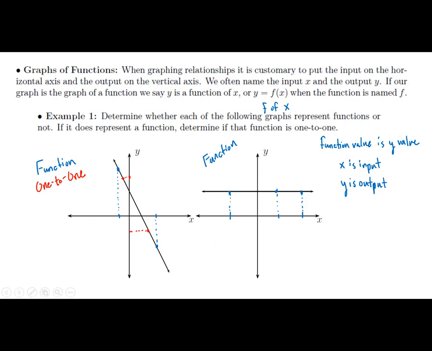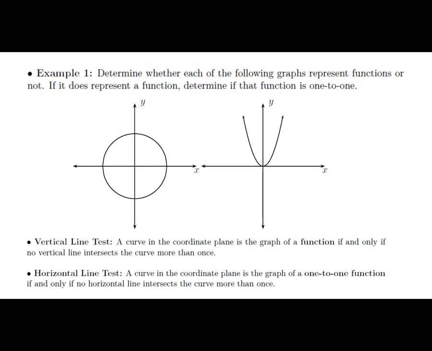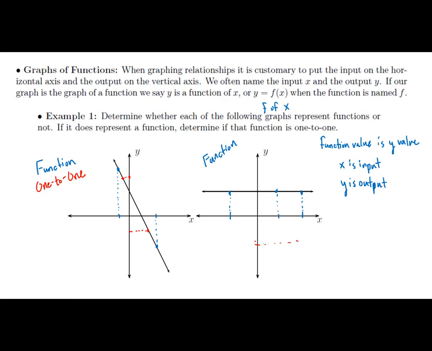Now the one-to-one part is a different story. So remember, with one-to-one, what we say is, does any y value that shows up on the graph have only one x value associated with it? Okay, now lots of y values have no x values at all, right? If I draw a little mark right here, no matter where I go in this direction, or where I go in this direction, I'm never going to hit an x value.